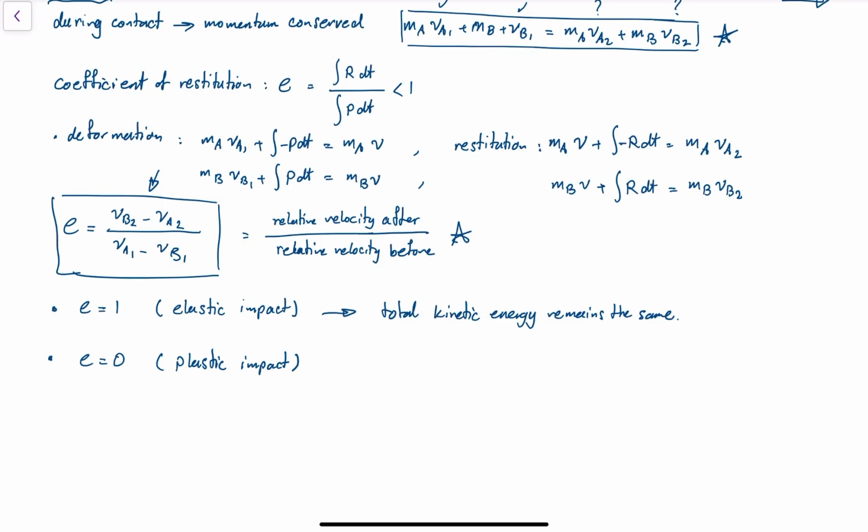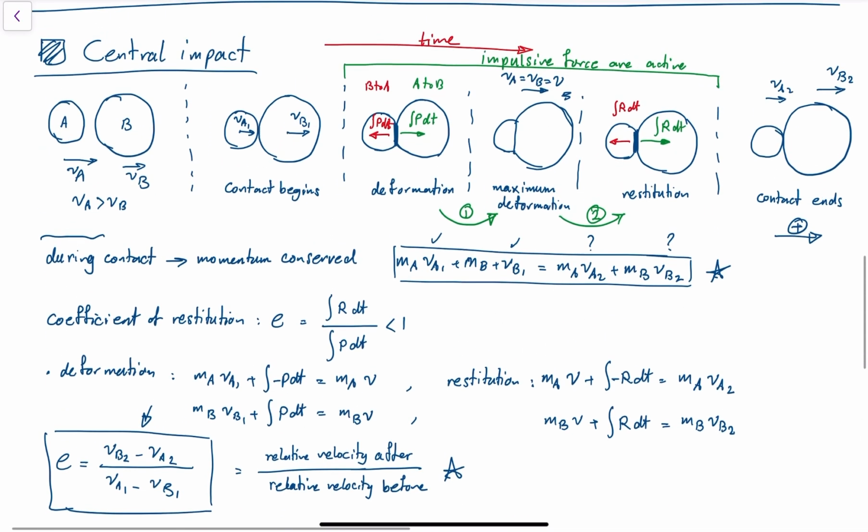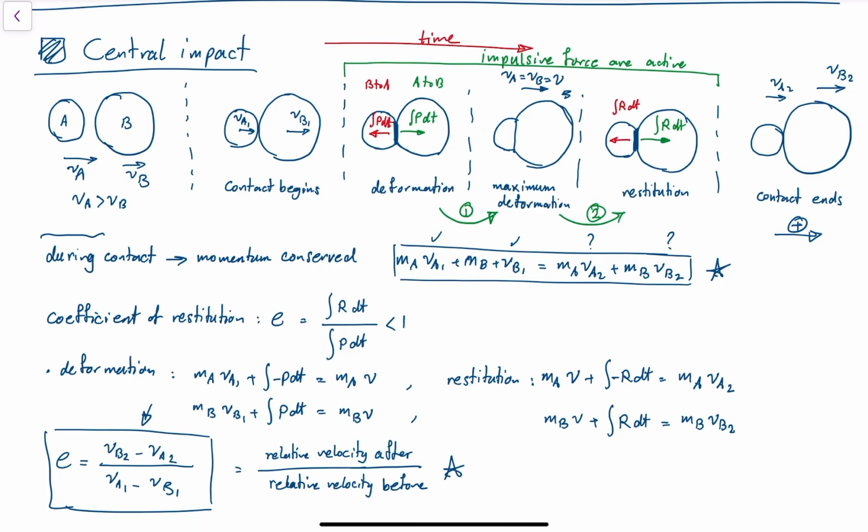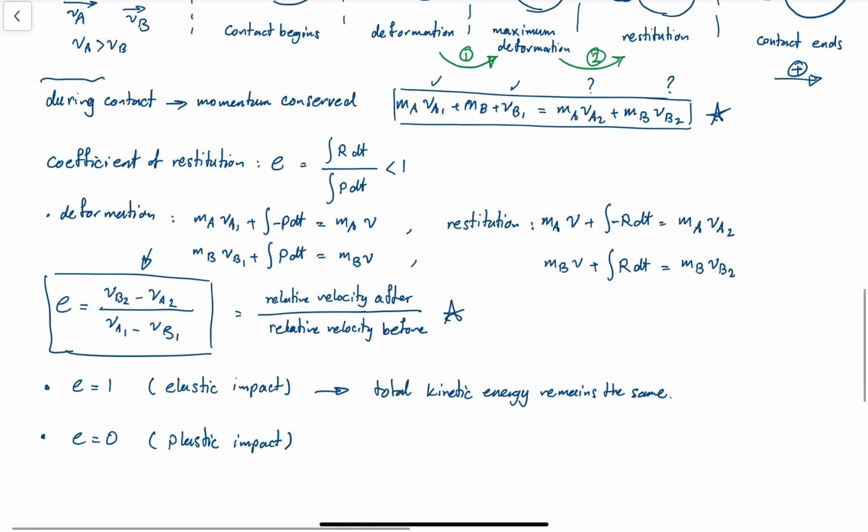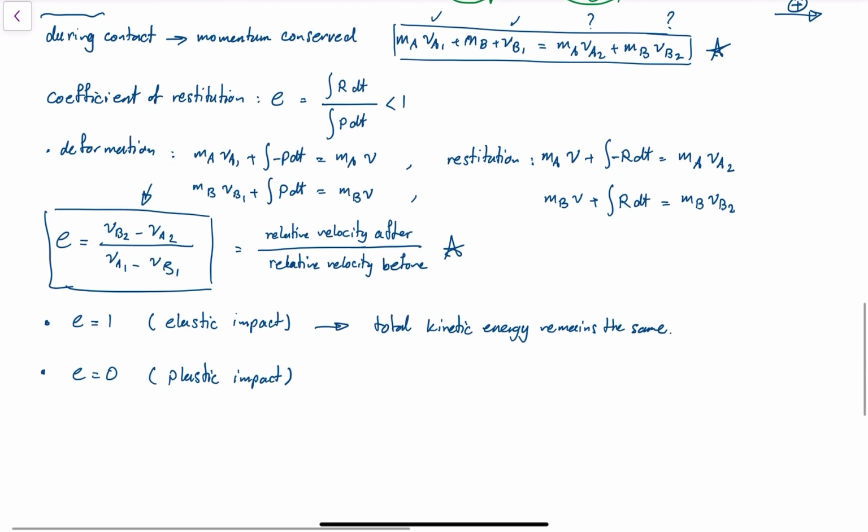Essentially, they are smooshed together. They fully deform, no restitution whatsoever, and they continue moving with the same speed. In that case, the contact ends here after maximum deformation.